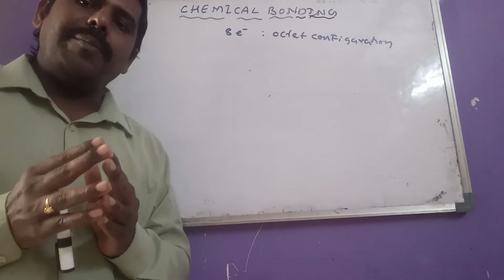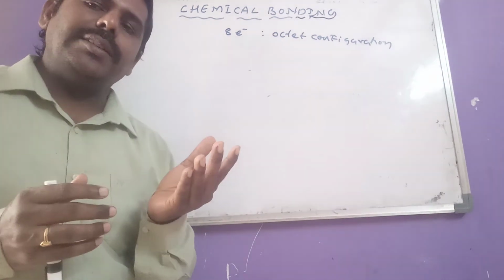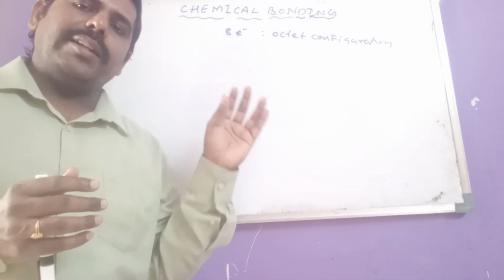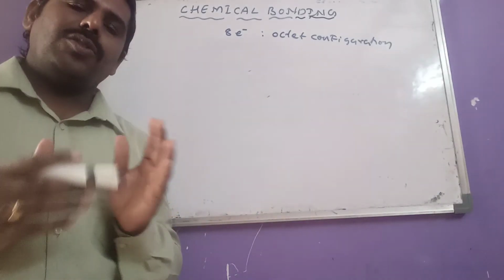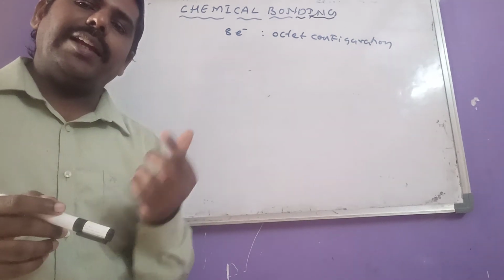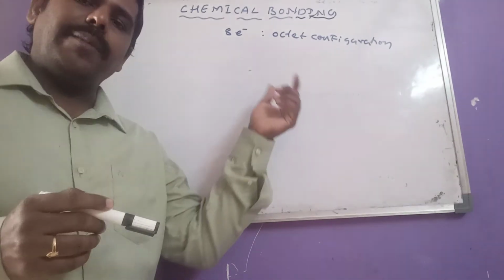The phenomenon of atoms trying to get into octet configuration is known as the octet rule. As per the octet rule, an atom having 8 electrons in its outermost shell will become stable.